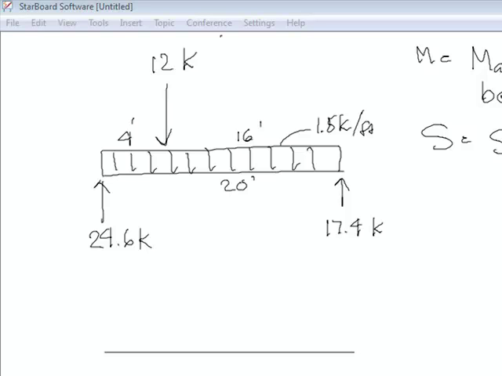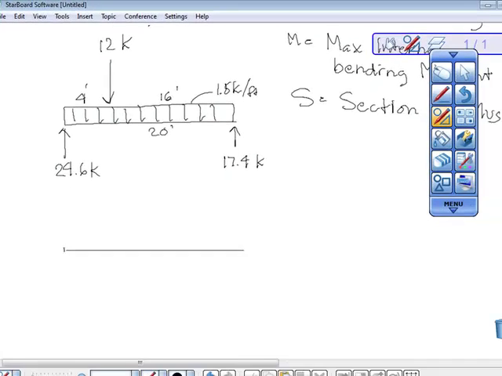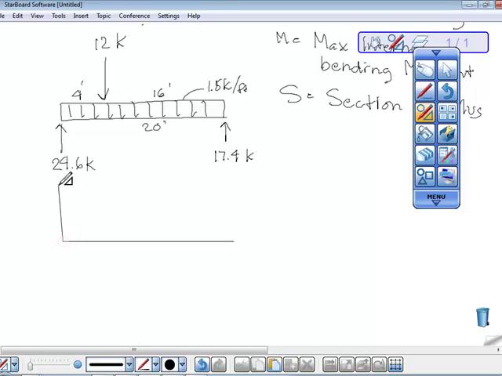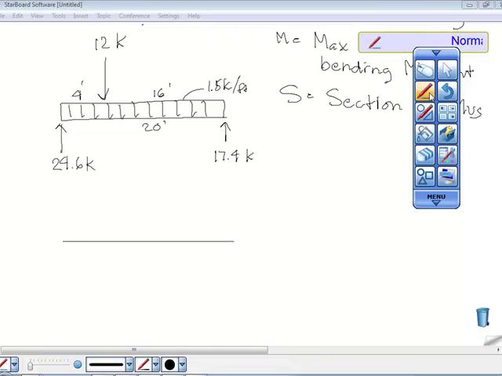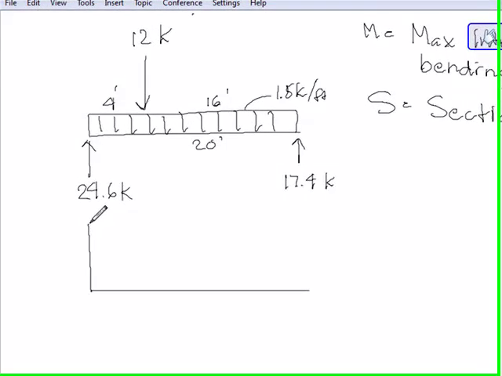So what do you think you'd do? Right, go up 24.6 kips. Just one second, let me undo that line. So you go up 24.6 kips.